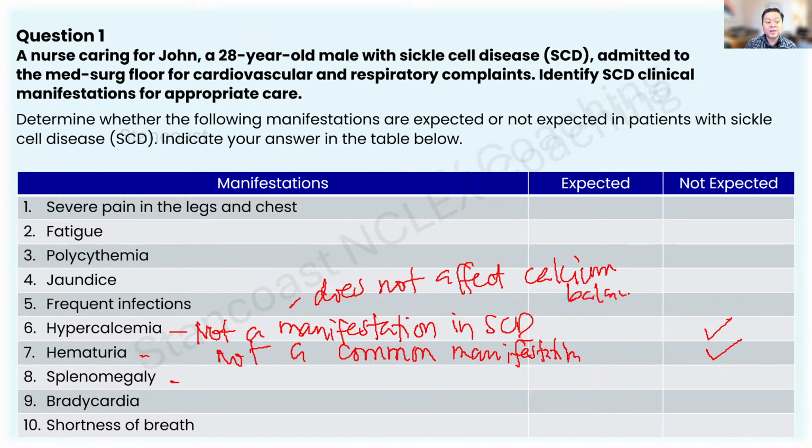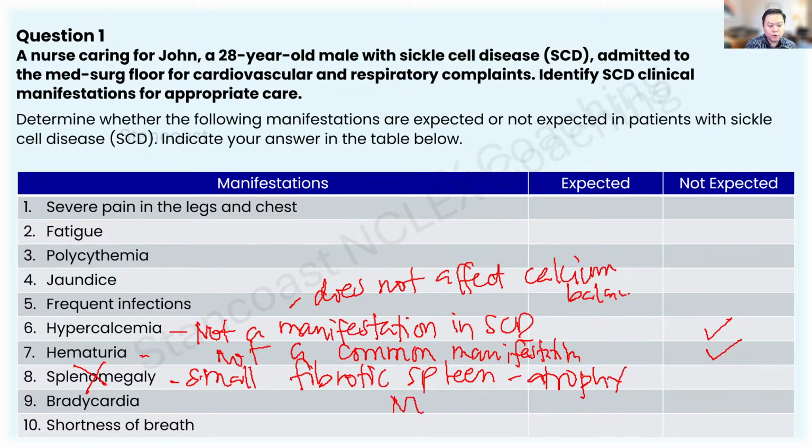So this is wrong. Instead, they're going to have a small fibrotic spleen because of the poor blood supply, and this is called atrophy of the spleen. No enlargement. So this is not expected.